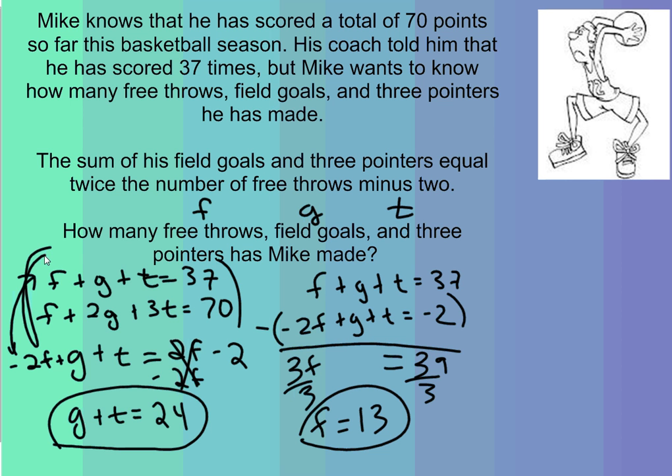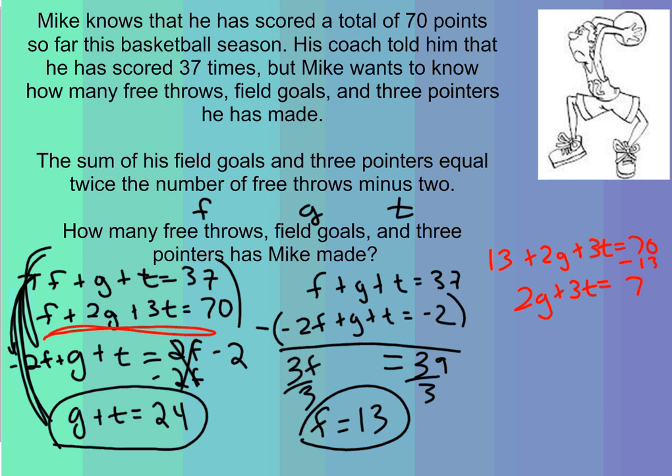G plus T equals 24. If I put it into the other one, I end up with 13 plus 2G plus 3T equals 70. So 2G plus 3T equals 57. So here are my 2 equations right here.